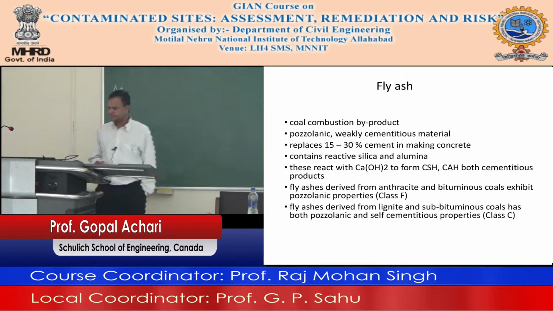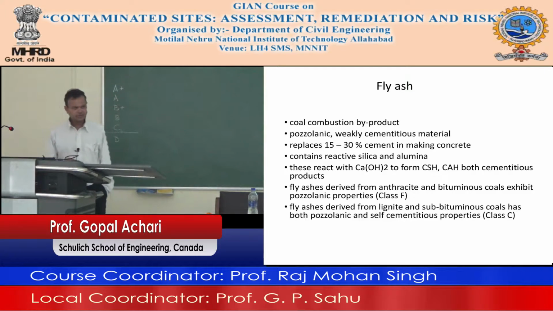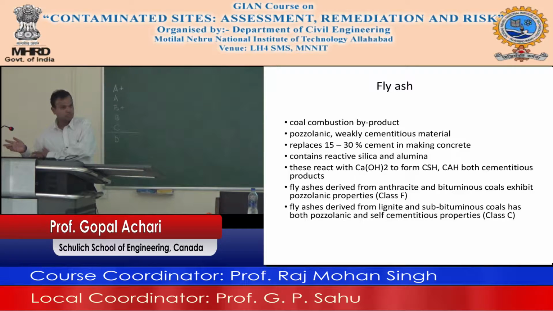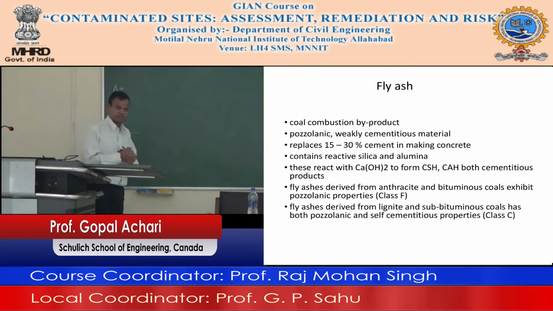Okay, fly ash by itself is a weakly cementitious material, because it also has some amount of reactive silica and reactive alumina. Cement has a lot more, fly ash has a lot less, but it is there. It might also have some lime by itself, so those are known as self-cementing.